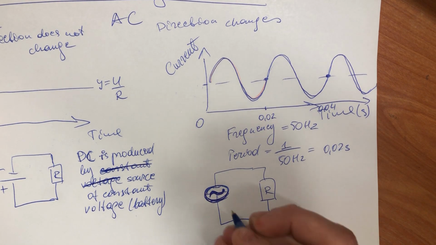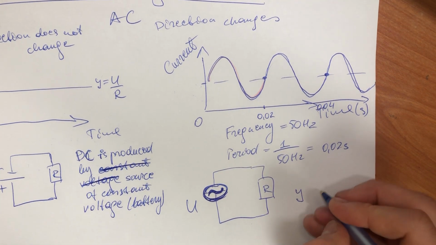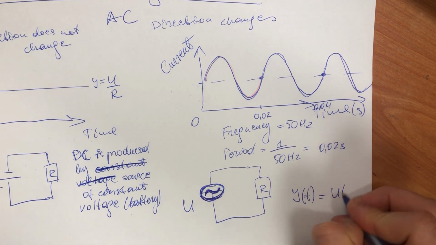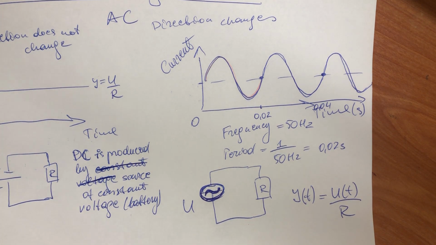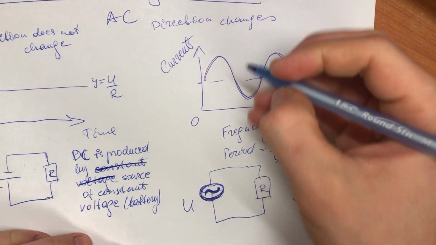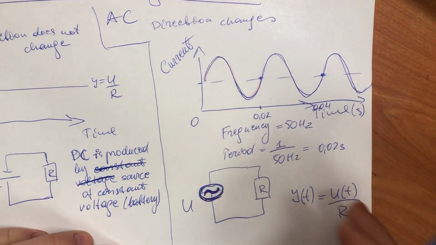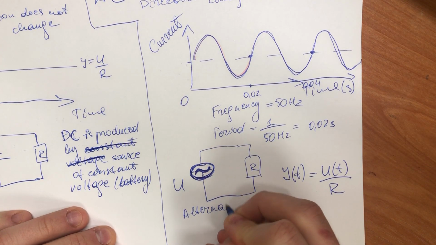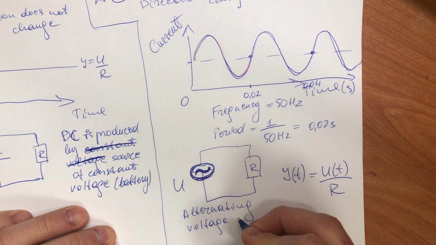So this is U, and Ohm's law is written like I as a function of T equals U as a function of T divided by R. And this is produced by an alternating voltage source.